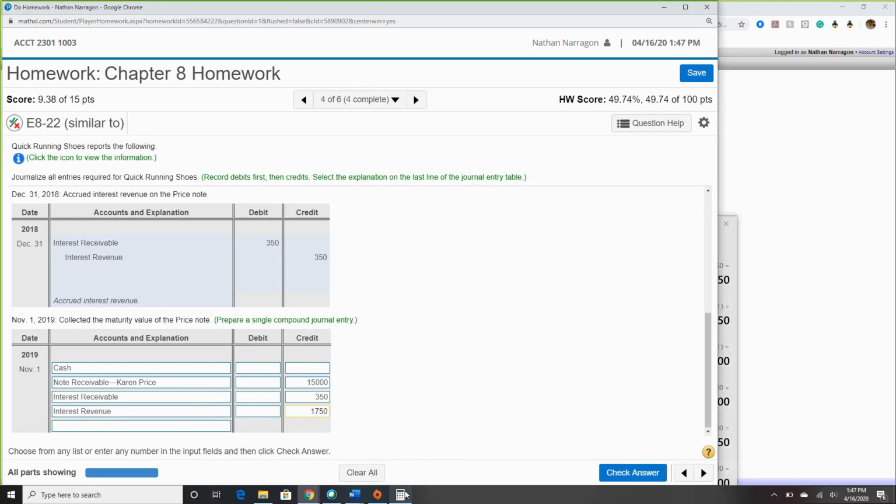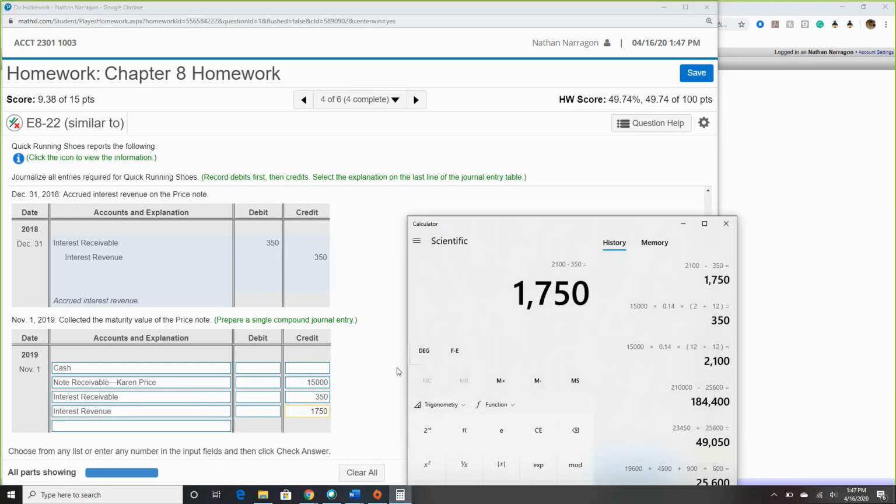The other way I can do it is doing the formula again. 15,000 times 0.14, our rate, then multiplying by the fraction of the year for 2019, which would have been 10 months divided by 12, which they both come out to the same number.